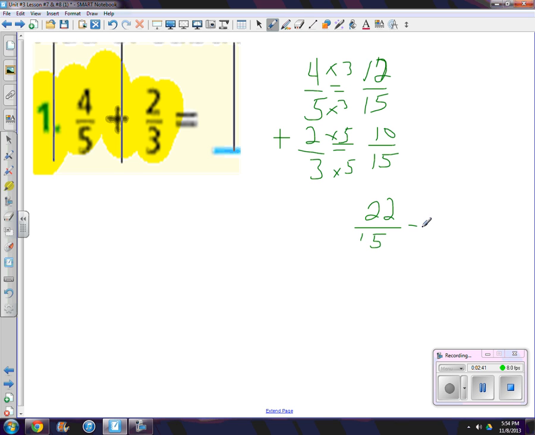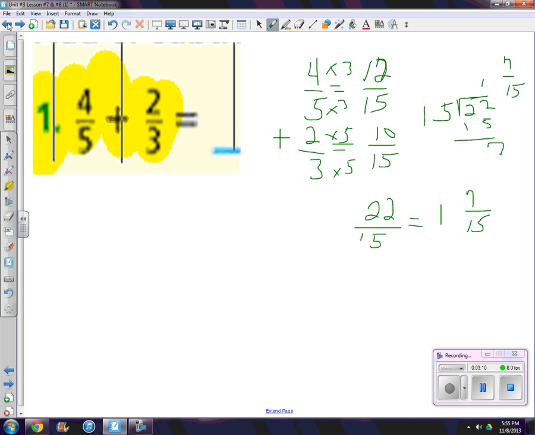Now, we can't leave it as 22 over 15, so we have to change it from an improper fraction to a mixed number. So 15 goes into 22 once, and then you have the remainder of 7 over 15. So your answer would be 1 and 7/15.